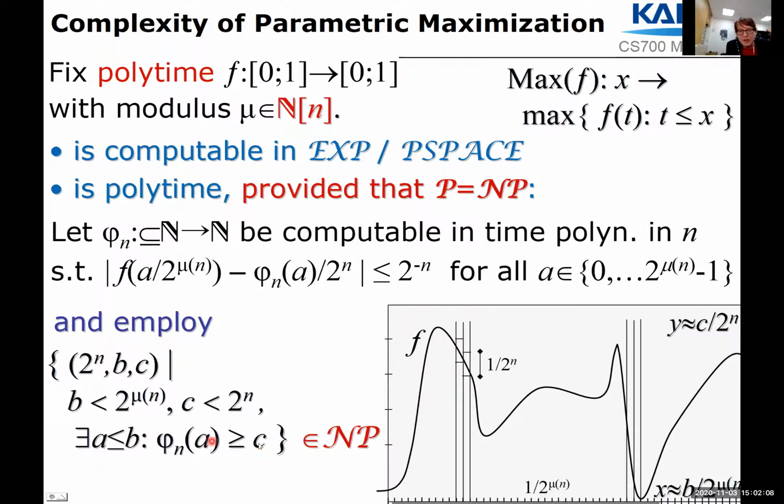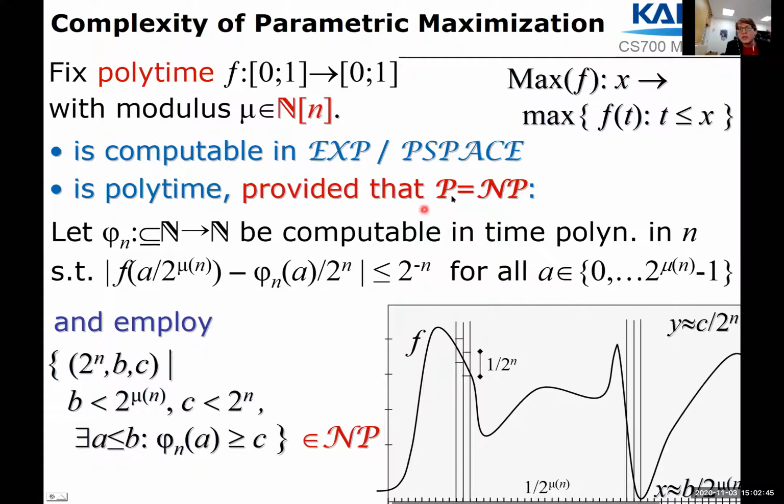Because by the very definition of the problem, if some C makes this triple belong to the set, then all smaller values of C also satisfy this condition, right? So this decision problem is monotonous in the third parameter, and our algorithm will use binary search to find the threshold: the largest C which belongs to this decision problem, or the least C which just barely does not belong to it.